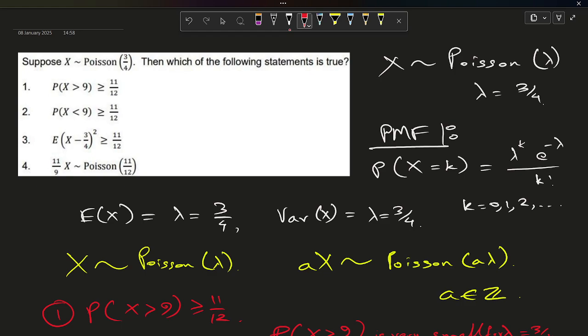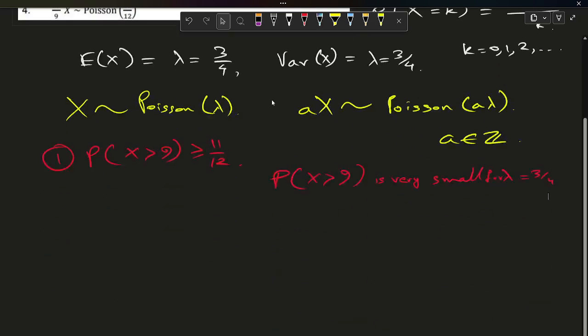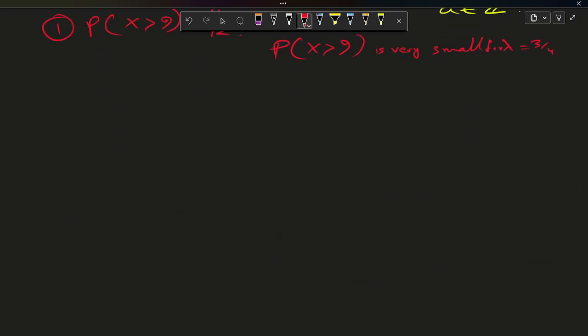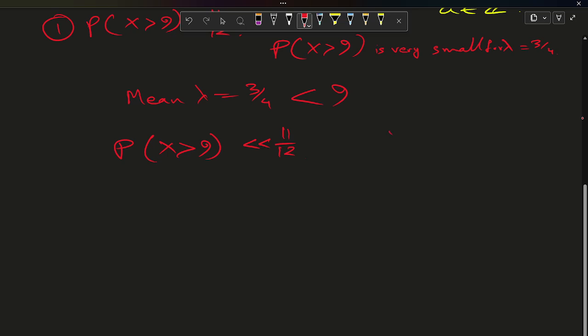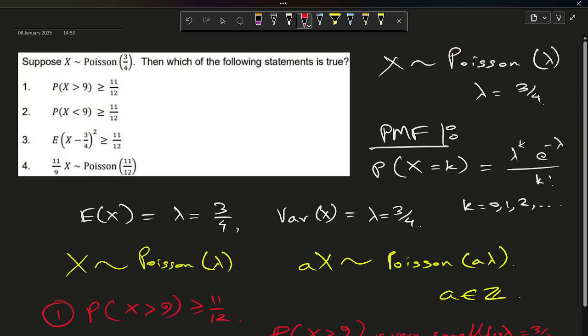As the mean, lambda equals 3 by 4, is smaller than 9, we can easily conclude that it will be very much smaller than 11 by 12. So the first statement is false. At that point we can tell that option 1 is wrong.